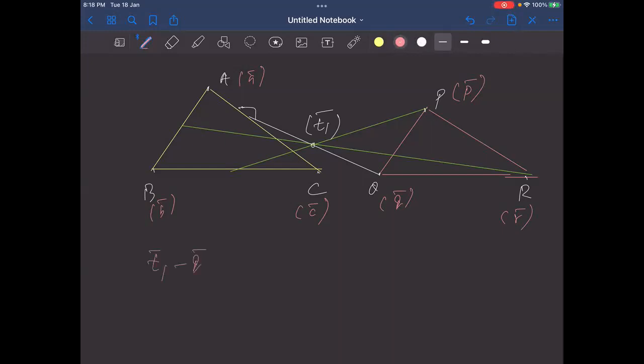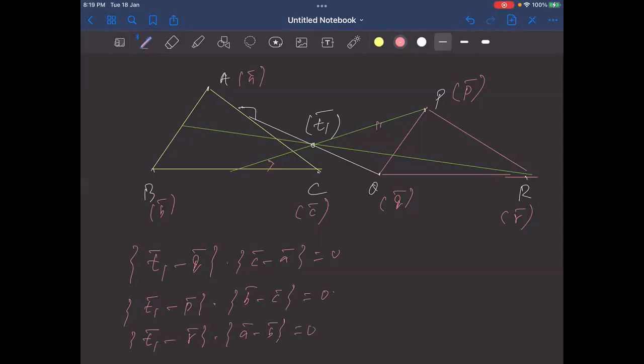T1 minus Q dot with C minus A is equal to 0. Correct. Then this is 90 degree, so T1 dot with B minus C is equal to 0. And then we get T1 minus R dot with A minus B is equal to.